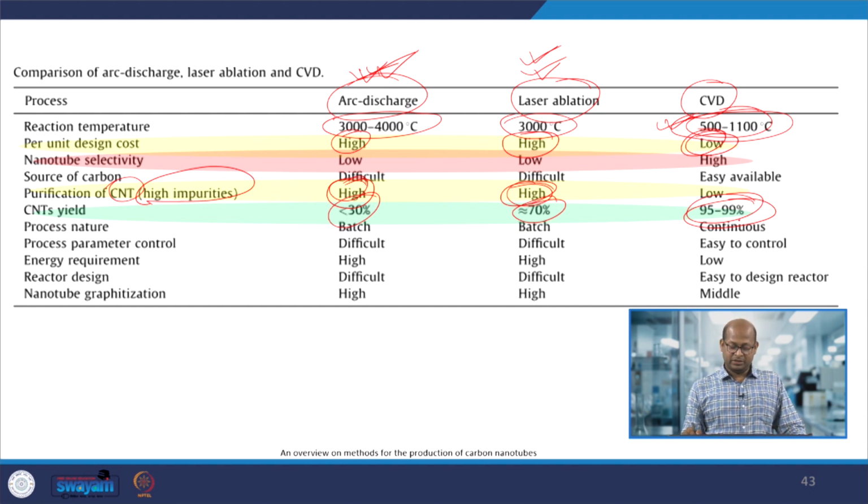But in the case of the CVD method, the impurity is more; along with the CNT, some amorphous carbon and graphitization impurities may be present. The yield is very high, but some impurities are present with the carbon nanotubes prepared by the CVD method. Therefore, depending upon the method, we can prepare the carbon nanotubes.